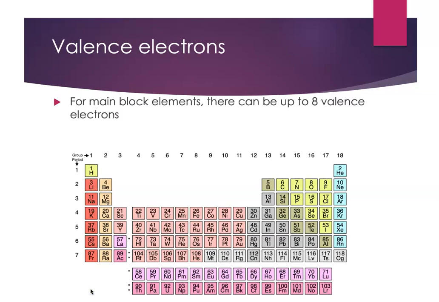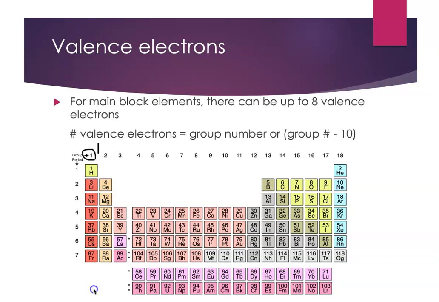Main block elements, or S and P block elements, can have up to 8 valence electrons. And we can find the number of valence electrons from looking at either the group number or the group number minus 10. So for our alkali metals in group 1, they have 1 valence electron. For our group 13 elements, there are 3 valence electrons.